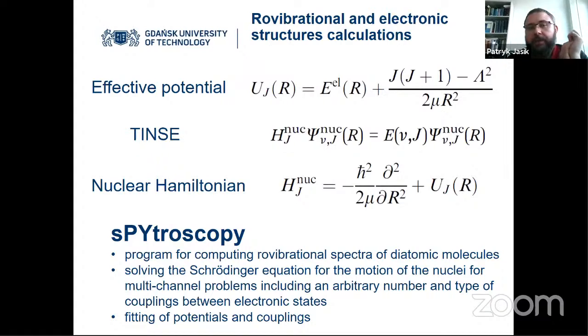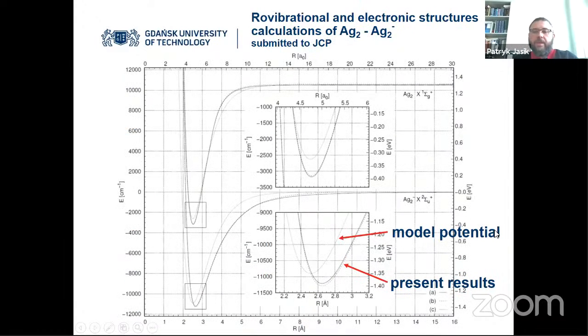To calculate vibrational levels and vibrational wave functions, we solve the time-independent nuclear Schrödinger equation with this nuclear Hamiltonian, and we did this using our new code, Spectroscopy. And finally, I would like to show you our new results.